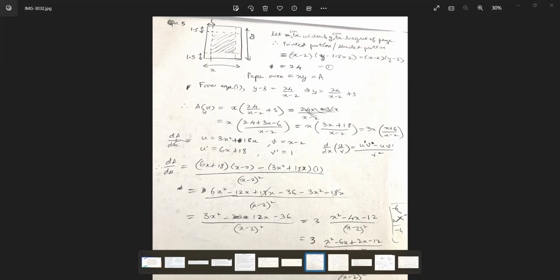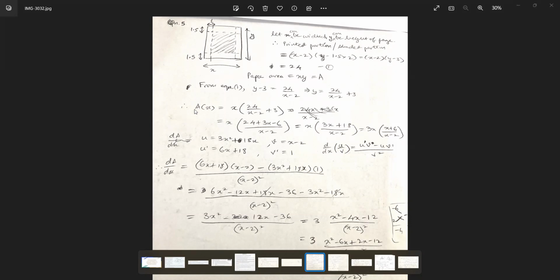Therefore, area in terms of one variable x is x into this expression, which when we simplify gives us 24 plus 3x minus 6, the whole divided by x minus 2. So this gives us x into 3x plus 18 divided by x minus 2, which gives us 3x into x plus 6 divided by x minus 2.